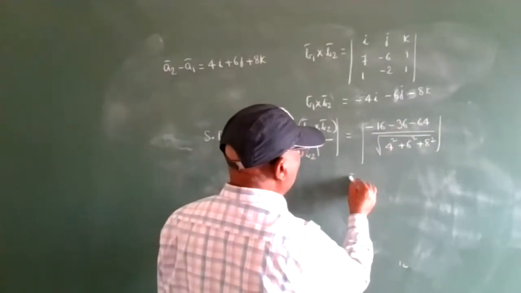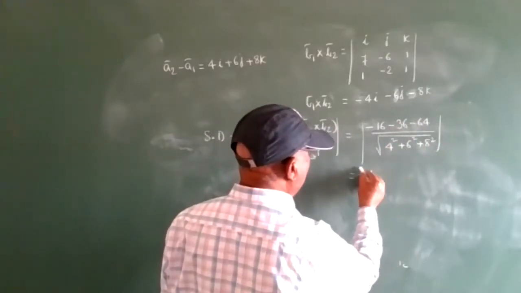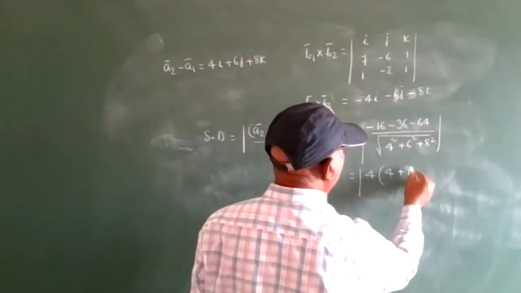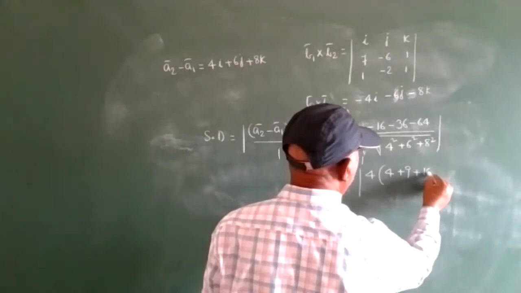So I will take the modulus, where 4 is common. Under the modulus, here is the 4, here is the 9, here is the 16.